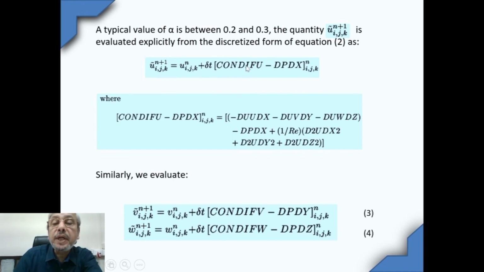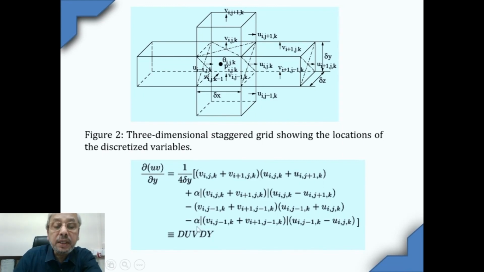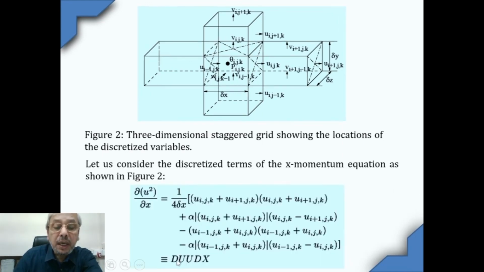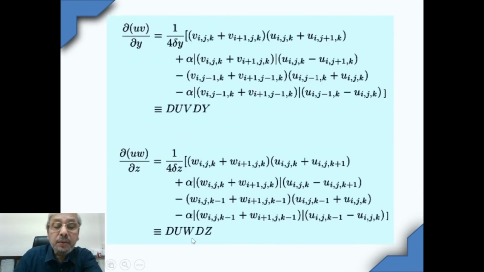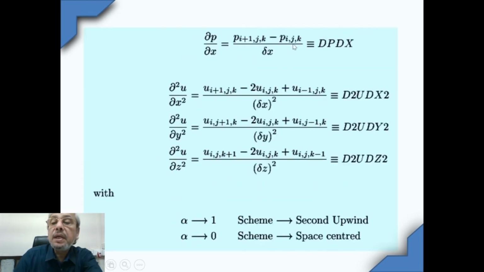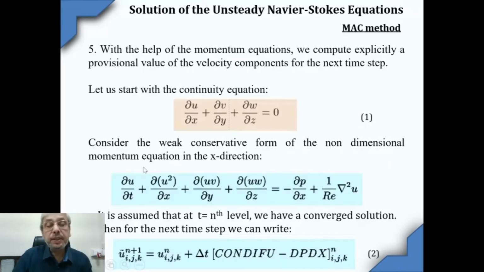We know all the components of condiff u now, and we have evaluated them one by one: du square dx, d uv dy, d uw dz, dp dx, d2u dx2, etc. But when we transfer the first three terms to the right hand side, all of them will have a negative sign.